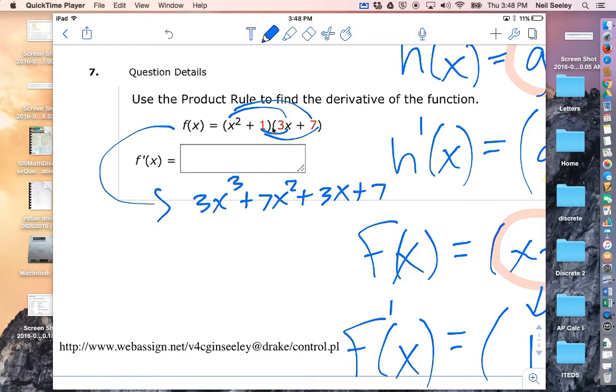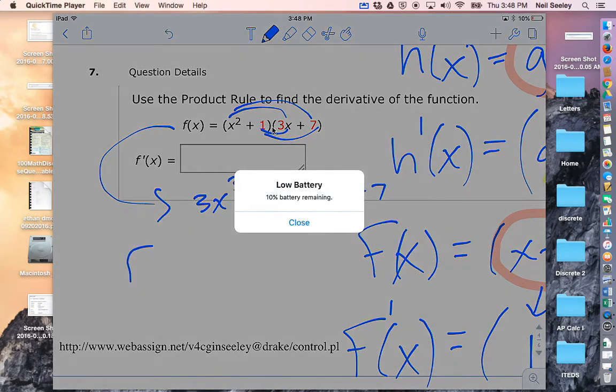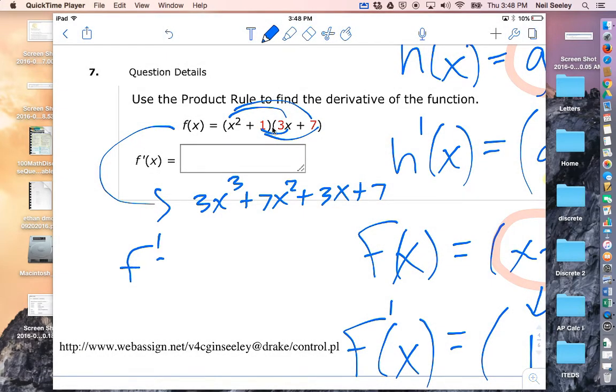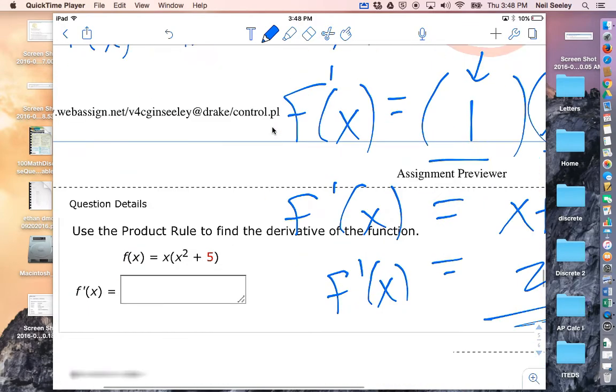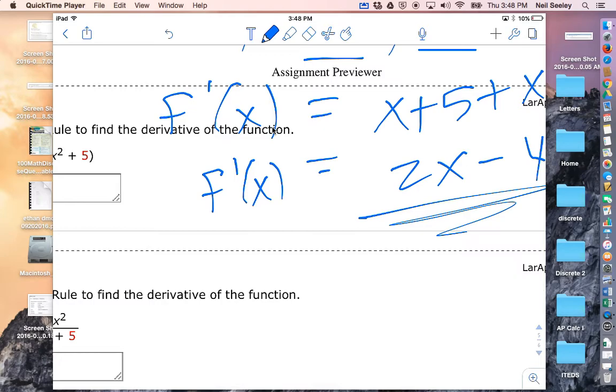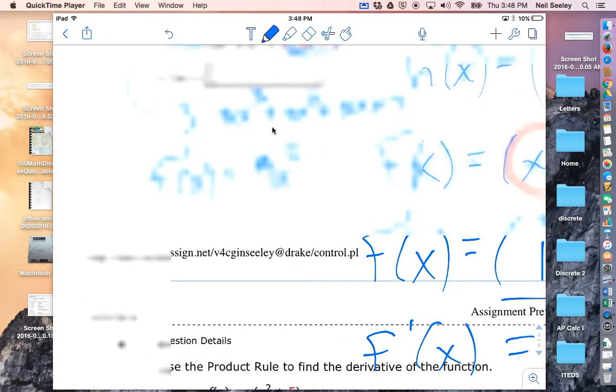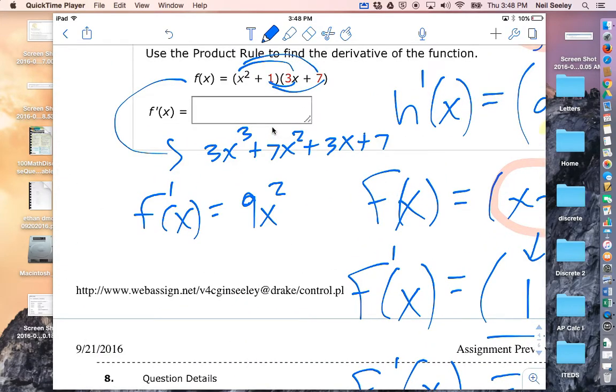And then if you take the derivative of that, my f prime of x would end up being, what, 3 times 3 is 9, x squared. Got it, you got it. I'm going to come back to that here in a minute.